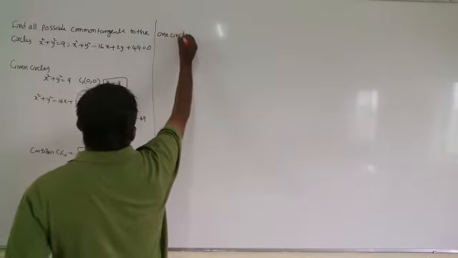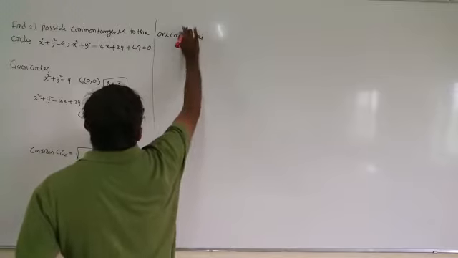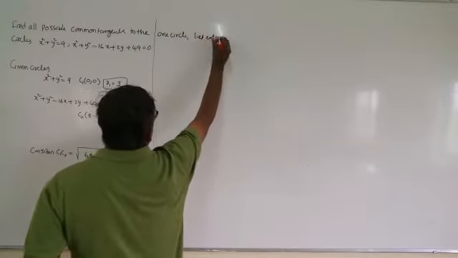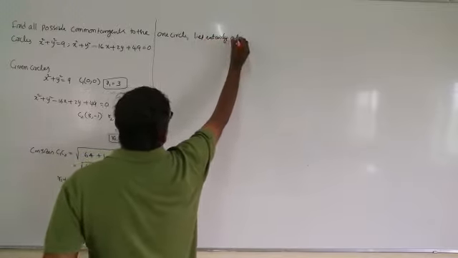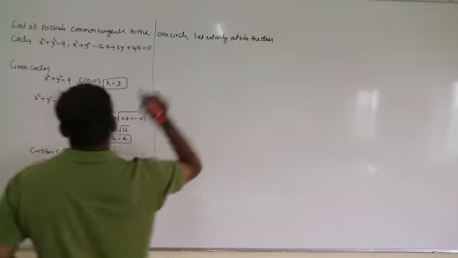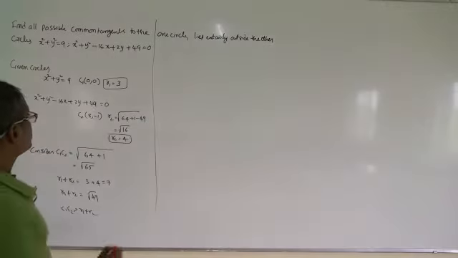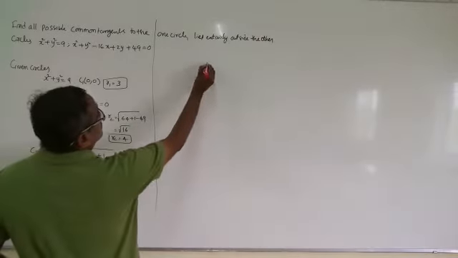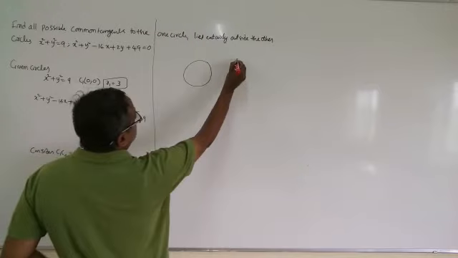So one circle lies entirely outside the other. They look like this.